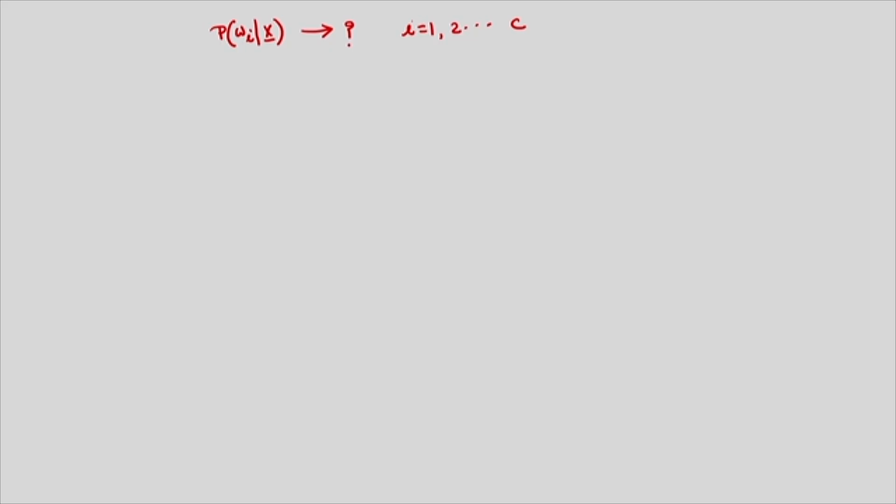But in case of linear regression, I have two variables, one is y, another one is x. So, suppose I have y, that is the dependent variable, and another one is the independent variable.